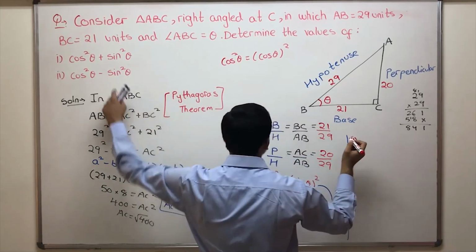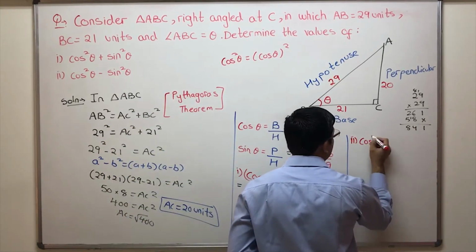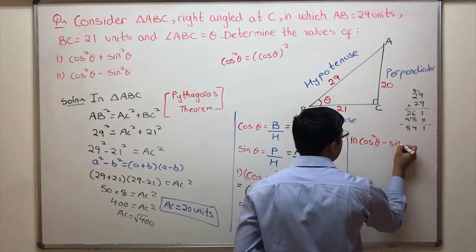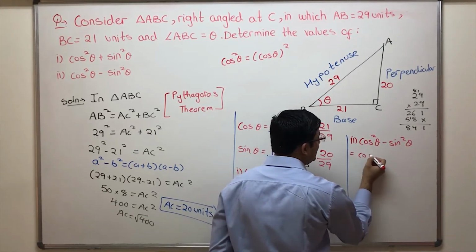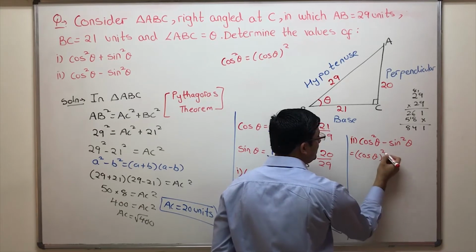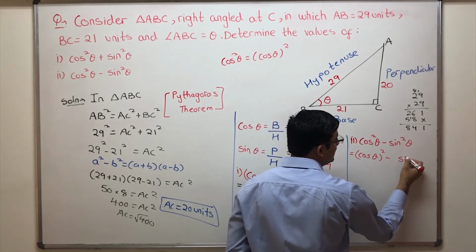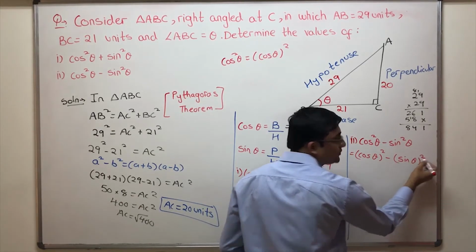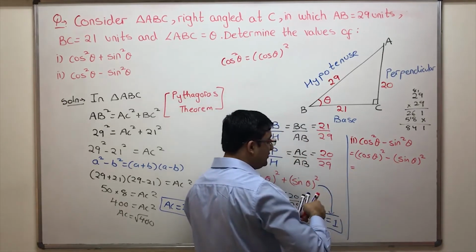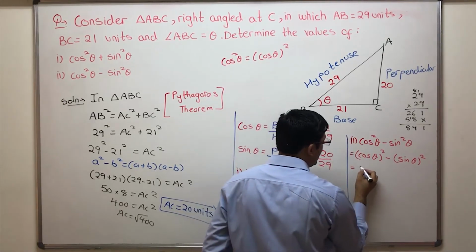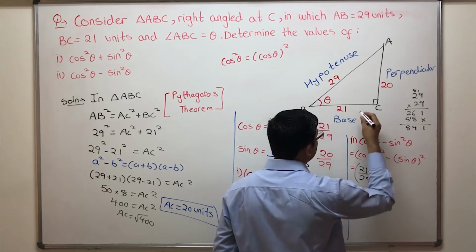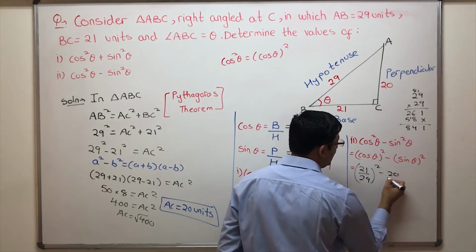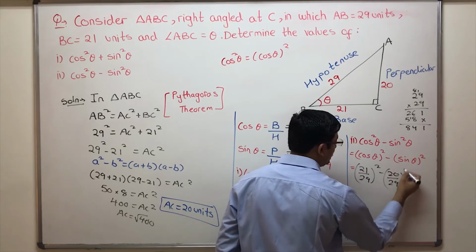Next, we have cos square theta minus sin square theta. Like I told you, cos square theta is nothing but cos theta the whole square, minus sin square theta is nothing but sin theta the whole square. Let's plug in the values. Cos theta is 21 by 29 the whole square, minus sin theta, which is 20 by 29, the whole square.